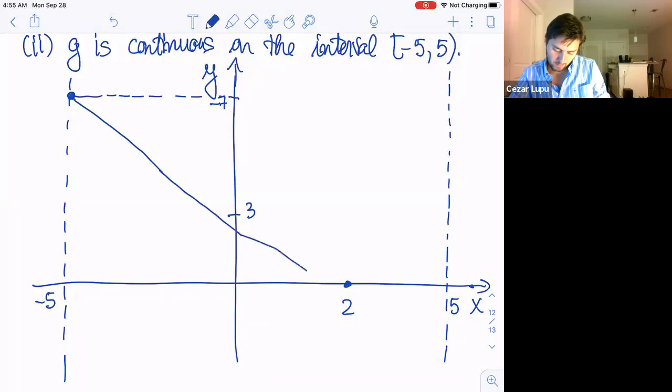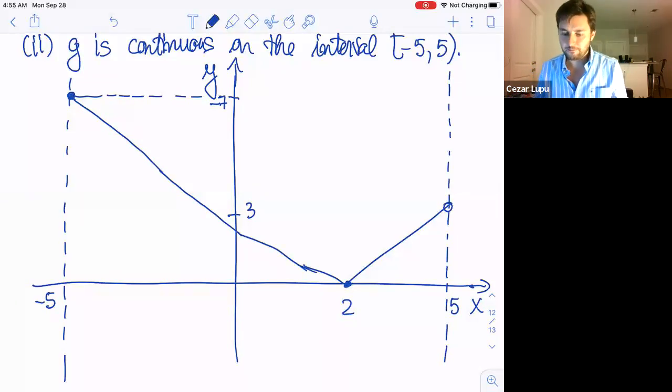It will meet the point. Well, this should be a line anyway. And here we'll go here and here. So as you can see, this is a continuous function on the interval, closed at -5 and open at 5.